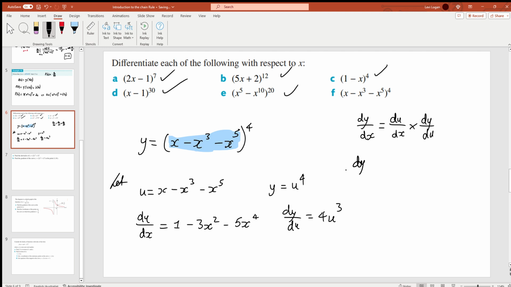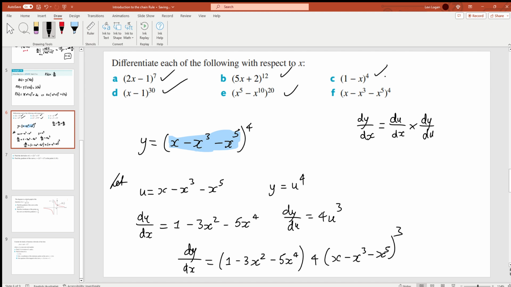So that means dy dx is going to be, let's actually write down here, this term, 1 minus 3x squared minus 5x to the power of 4 times by 4, and then u, (x minus x cubed minus x to the 5) to the power of 3. And that's that one done.